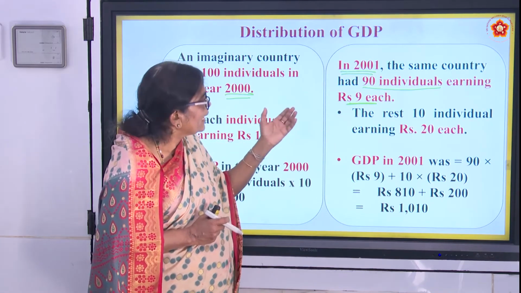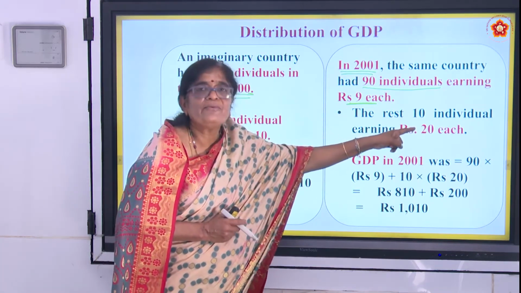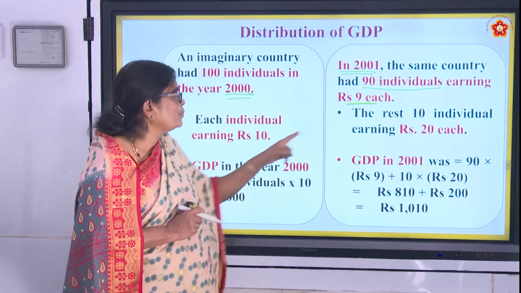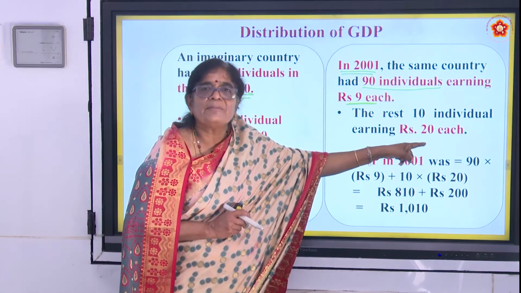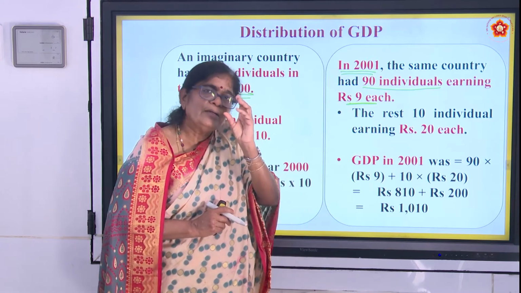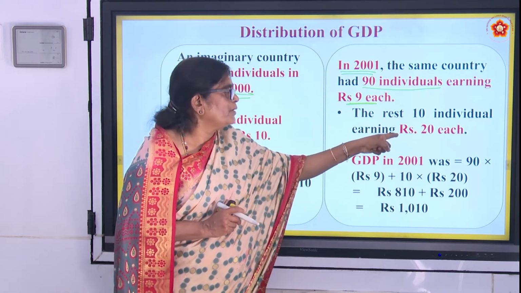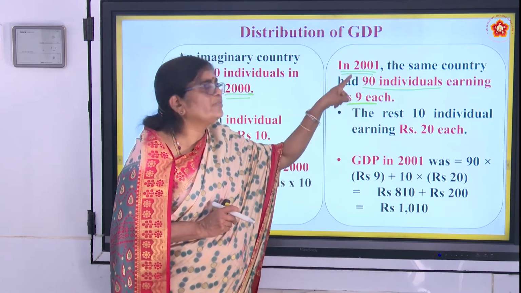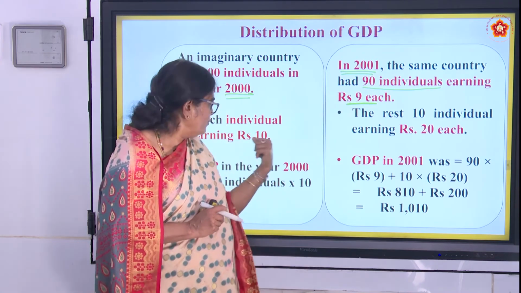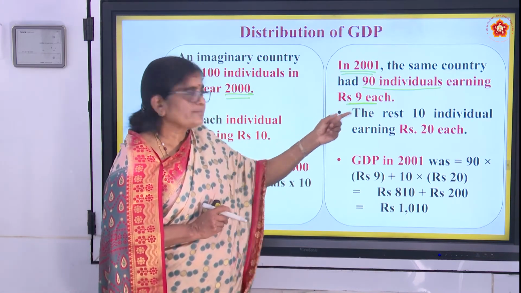On the other hand, the remaining 10 individuals' income increased from 10 rupees to 20 rupees. The income doubled for only a minor percentage, 10 people, but for the majority of 90 people income declined from 10 to 9.